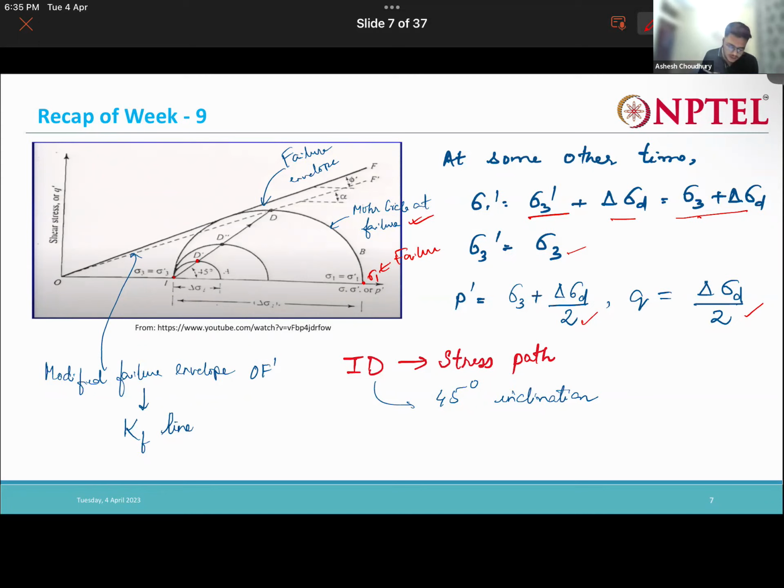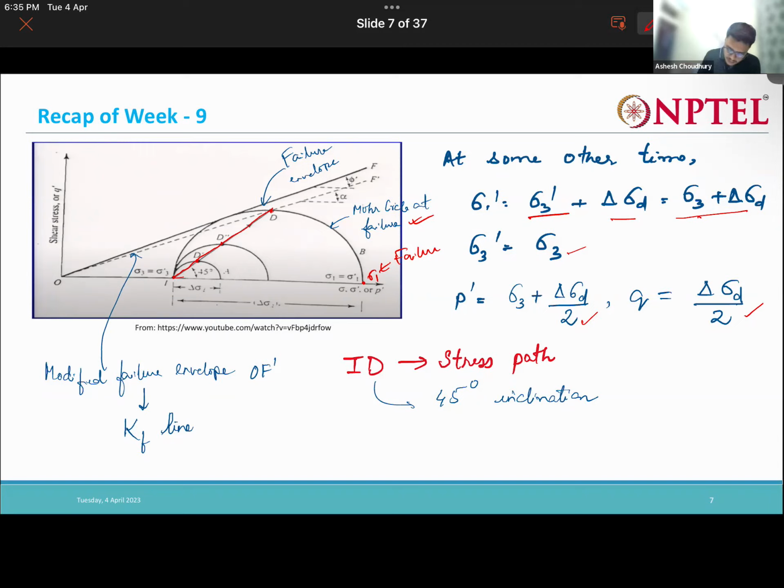Okay, so if we join all these p and q points, we will get one straight line. This line is nothing but my stress path, and this stress path is inclined at 45 degrees to my p axis.